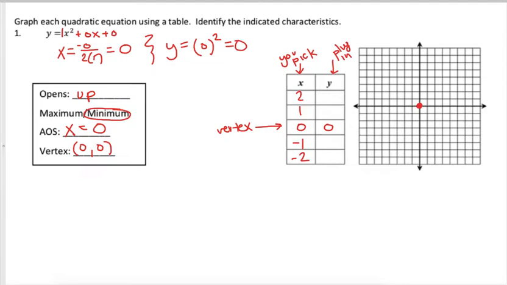Plug in 1. Well, 1 squared would give me 1. Plug in 2. 2 squared, 2 times 2 gives me 4. Plug in -1. Negative times a negative is positive. 1 times 1, 1. -2 times -2 is positive 4. Notice that there's some symmetry going on, that these match and that these match. So really, I only had to plug in the positive numbers to figure this out.